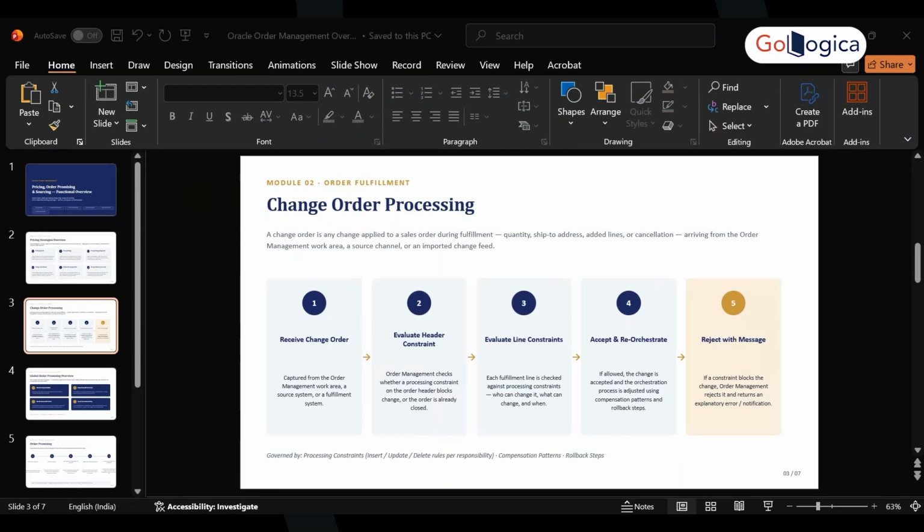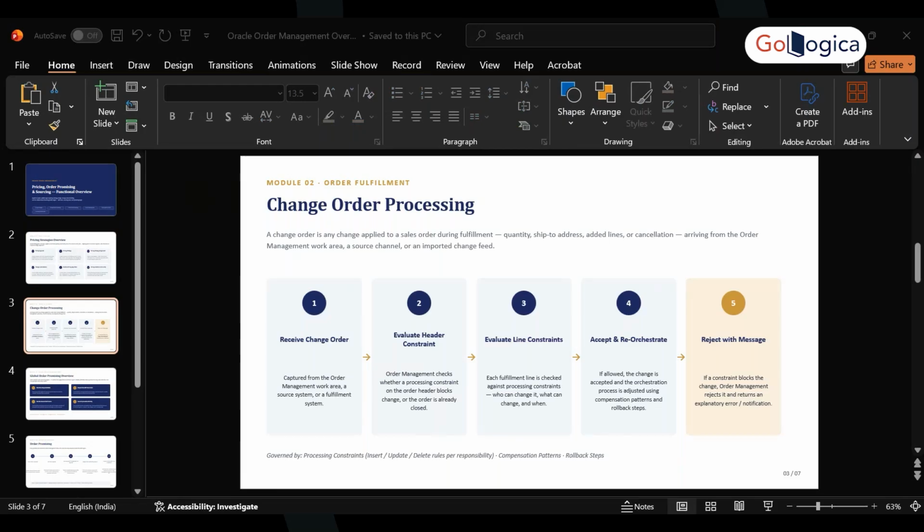So our next step is evaluate header constraints, in which once the request is received, Oracle evaluates the order header. The order header contains overall order information such as the customer, the order number, the order type, the business unit, currency, and overall order status. Oracle checks whether any header processing constraints prevent the requested modification or not.